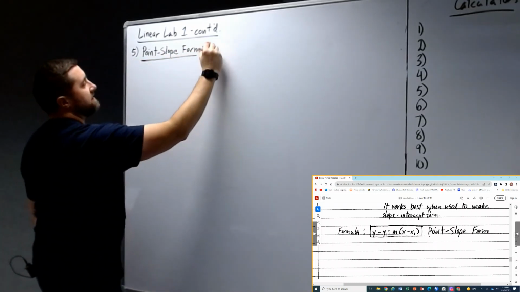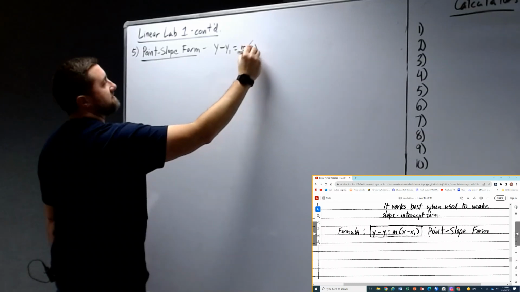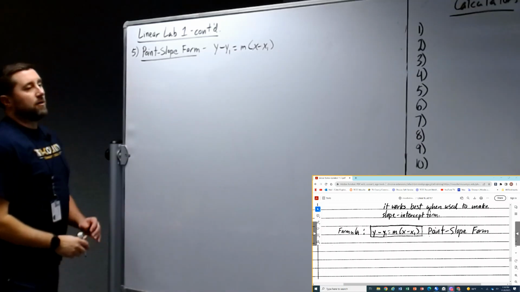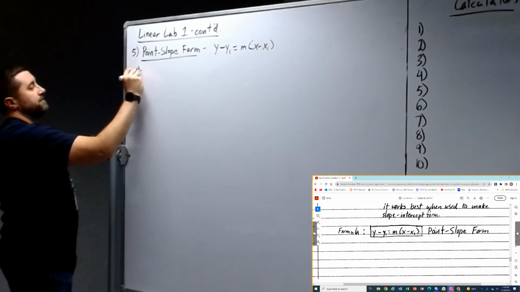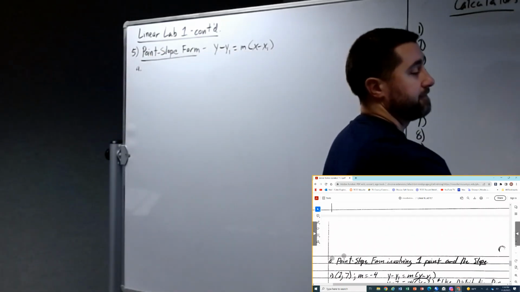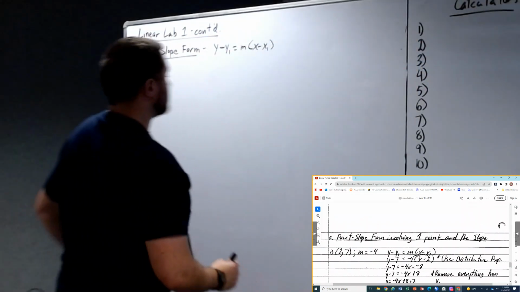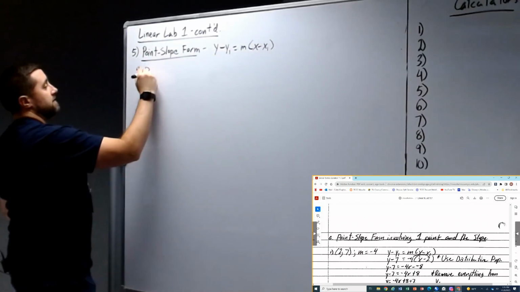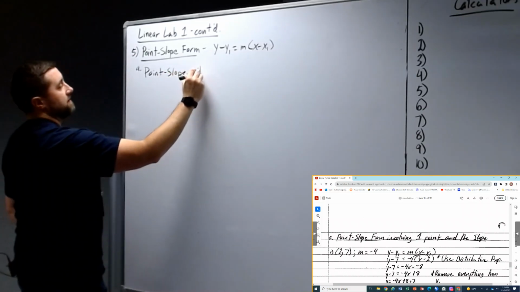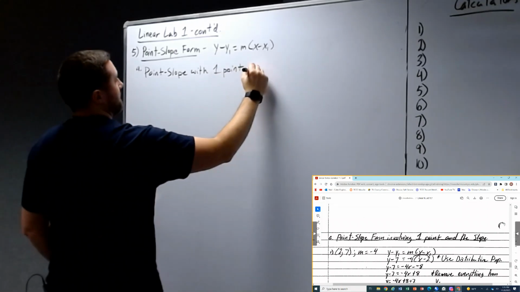The formula for that is y minus y1 equals m times x minus x1. All right. So the first part of this that we're going to look at is point slope form involving one point and the slope.